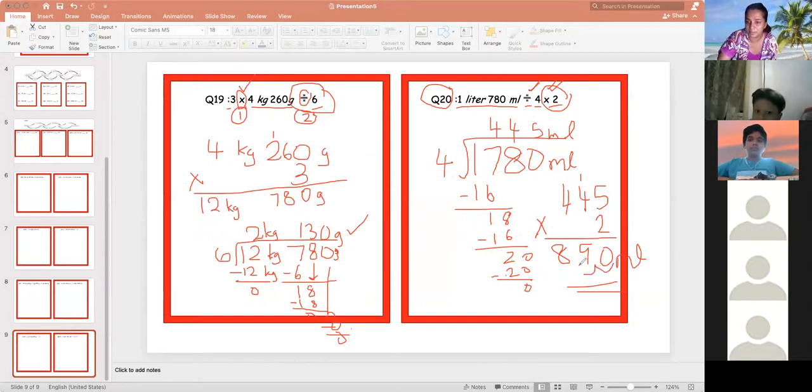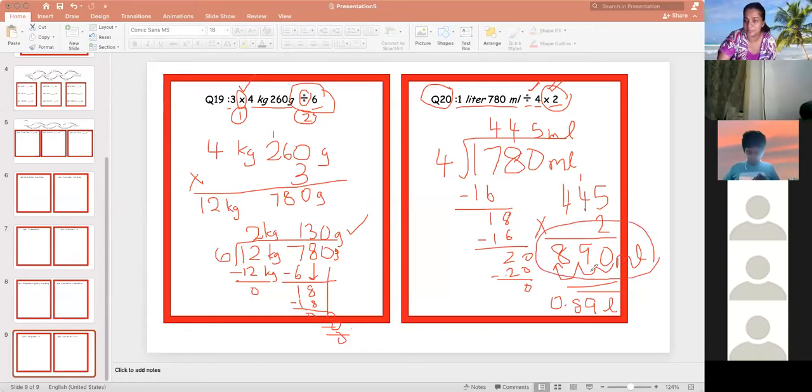Then divide this with 1,000. And you will get 0.89 liters. Okay, boys? So you can either answer in milliliters because it's 890 milliliters. Changing to liters is also fine. Divide by 1,000. So 0.89 liters. That's how you answer these questions.